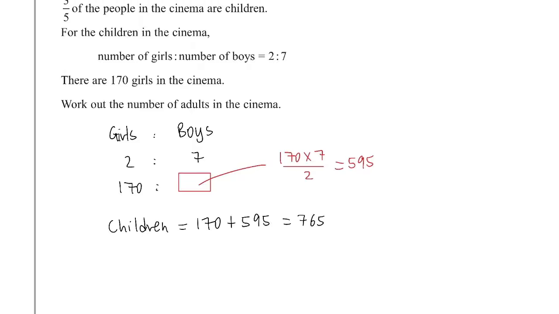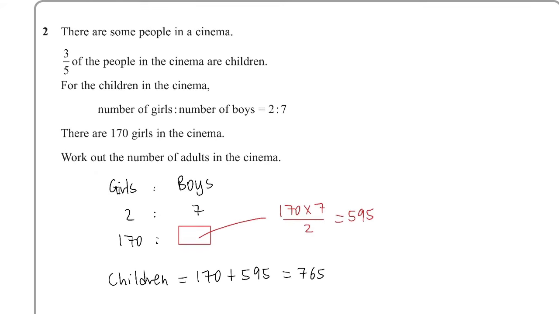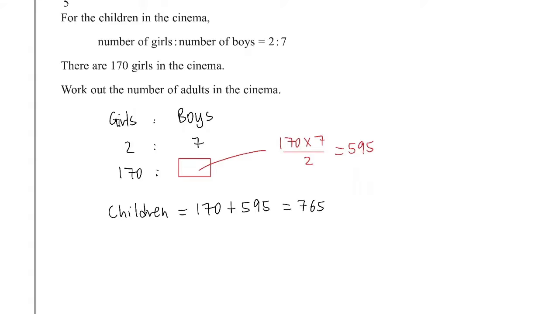Now this is the number of children, and 3/5 of the people are children. So if we've got children and adults, and we know that 3/5 are children, then it means that the ratio is 3 to 2, and we've got the children to be 765.